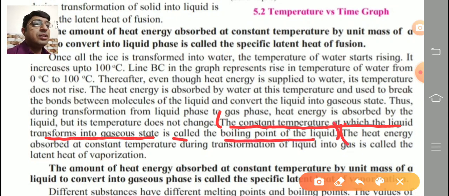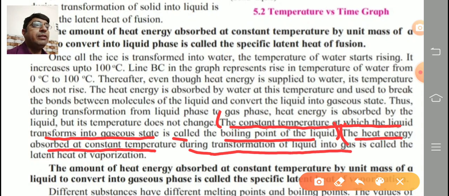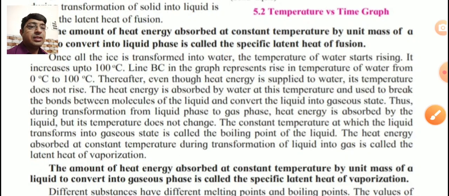And the next definition starts from here. The heat energy absorbed at a constant temperature during transformation of liquid into gas is called latent heat of vaporization. Why is that called latent heat of vaporization? The liquid converts into vapor state or gaseous state.